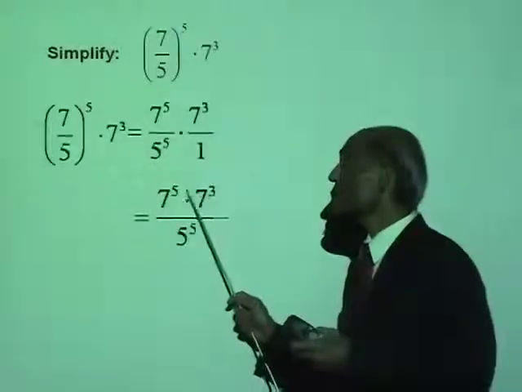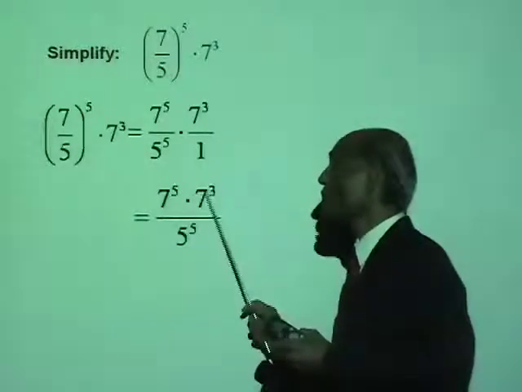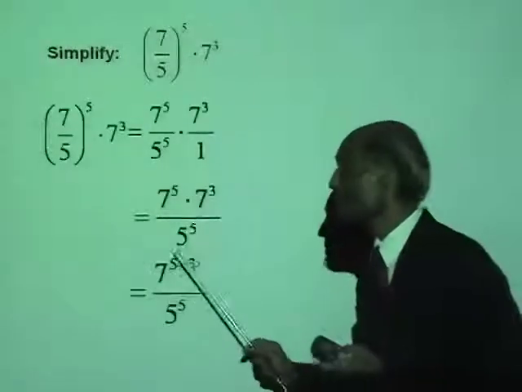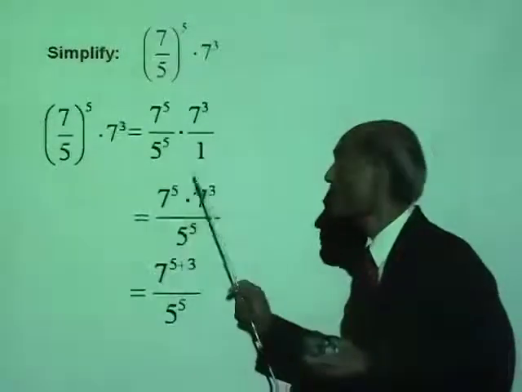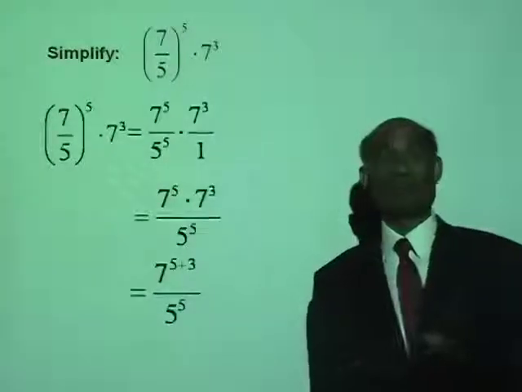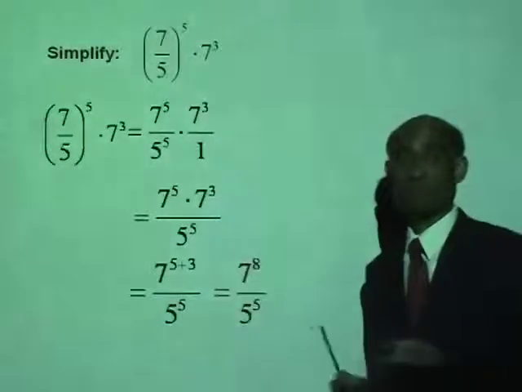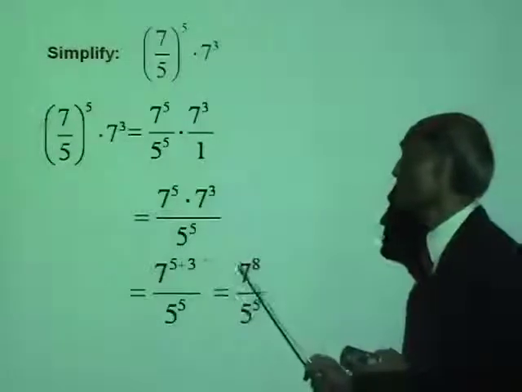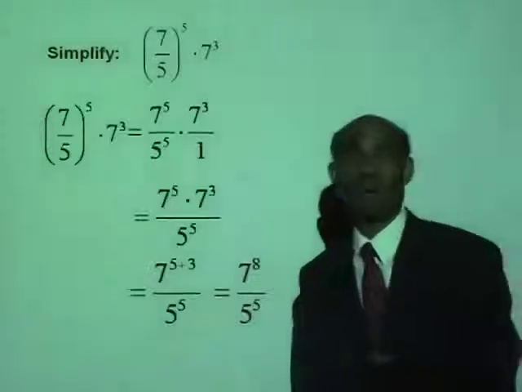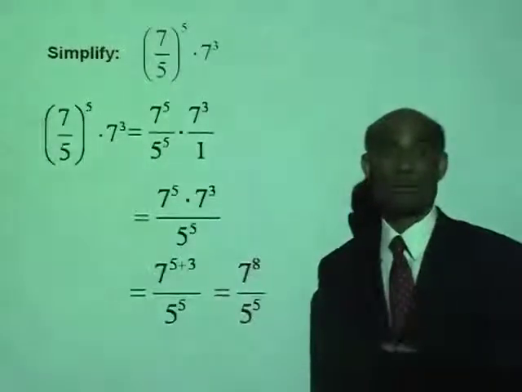What is 7 to the power of 5 multiplied by 7 to the power of 3? That will be 7 to the power of 5 plus 3 over 5 to the power of 5. And the answer now is 7 to the power of 8 divided by 5 to the power of 5.